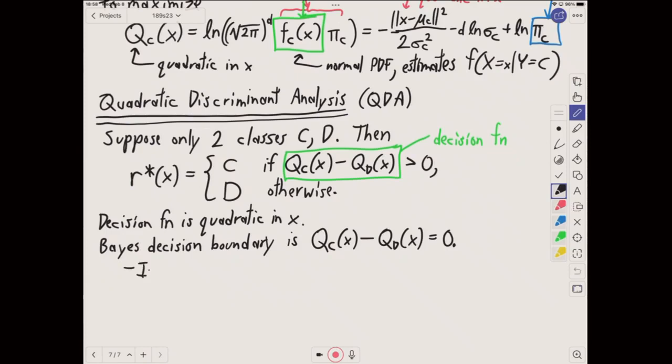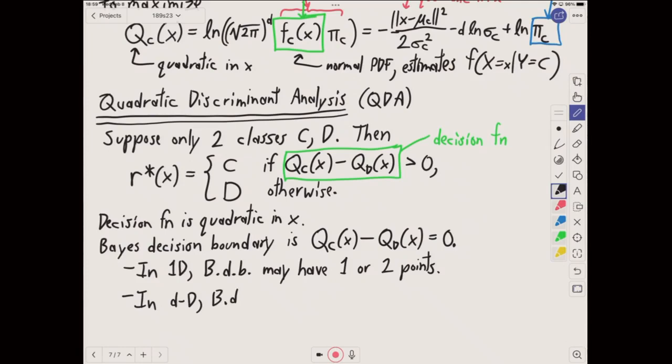Now, if you only have one feature, if we're working in a one-dimensional feature space, then the Bayes decision boundary might have 1 or 2 points, because that's a polynomial with typically 1 or 2 roots. But when you go to higher dimensions, the Bayes decision boundary is something else, which is called a conic section in 2D.